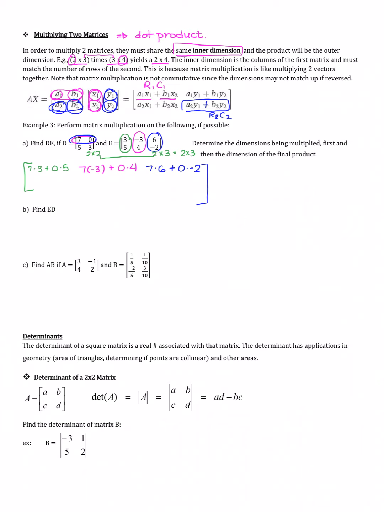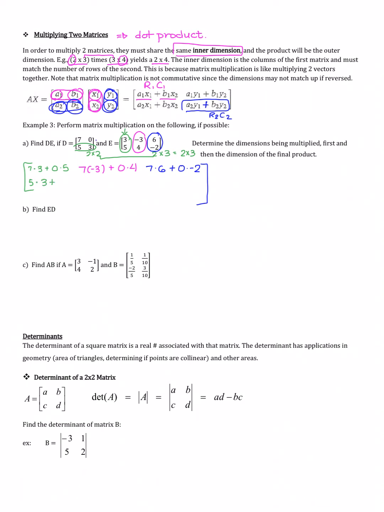All right, we are done with row 1, so I'm going to erase that, and we're going to move on now to row 2. So with row 2, we start with row 2 against column 1. It's actually harder to talk about it than just do it.